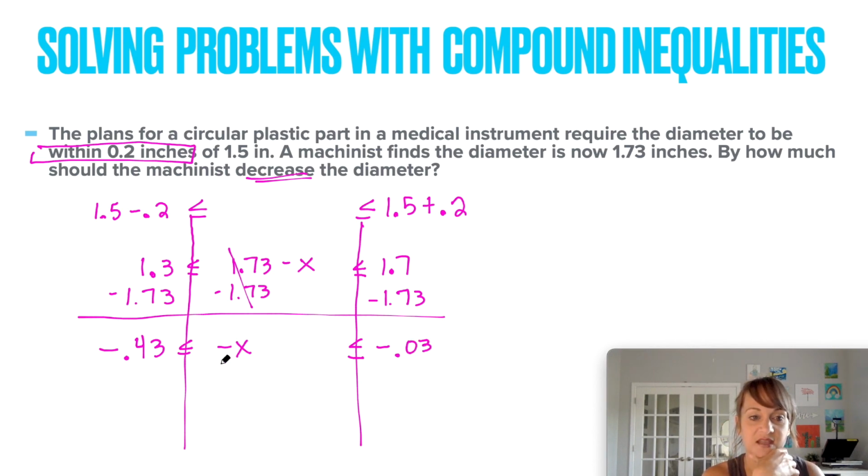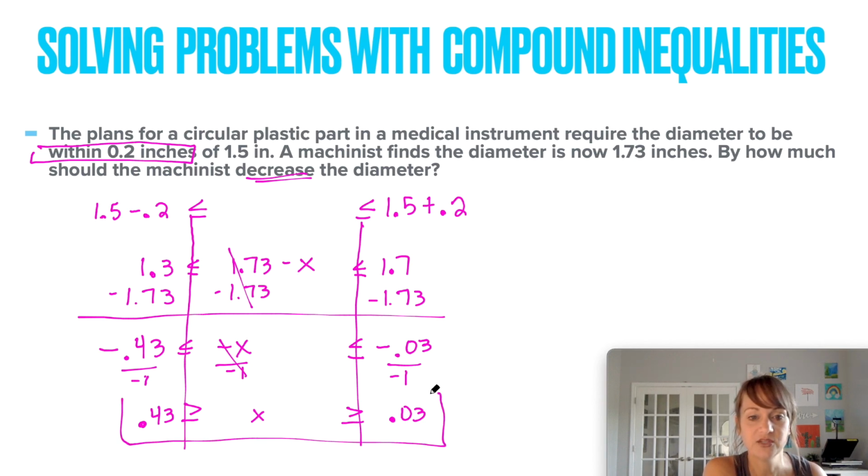Last step, you have a negative x, so we need to divide everything by a negative 1. When we do that, we will get a positive 1.43 and a positive 1.03. Now, here's the deal. We divided by a negative, so therefore we must flip the inequality.